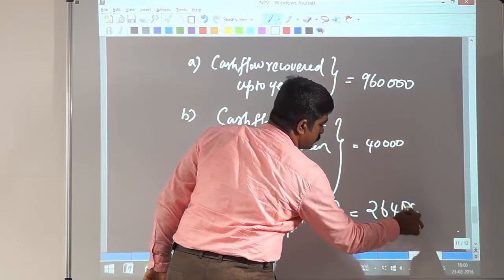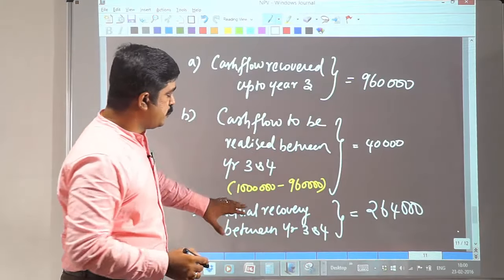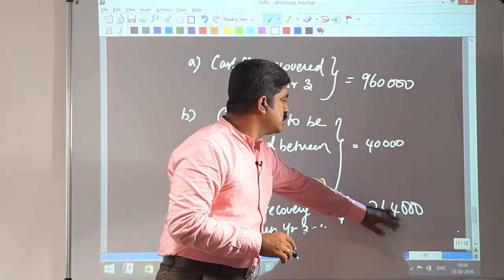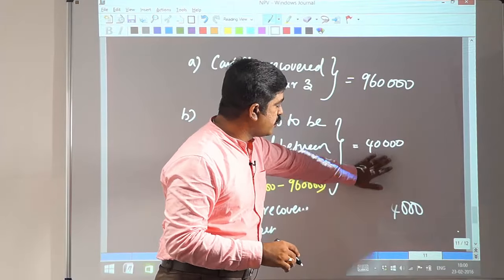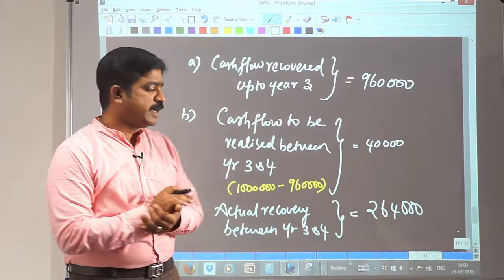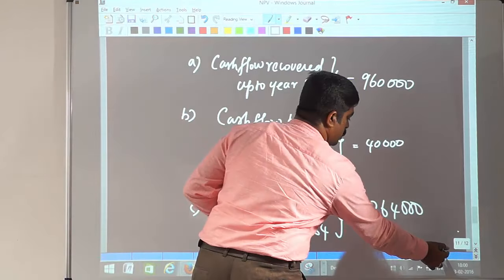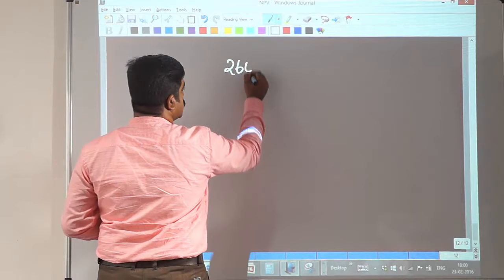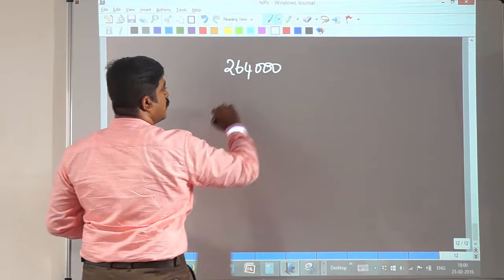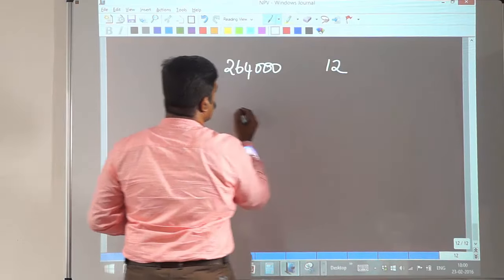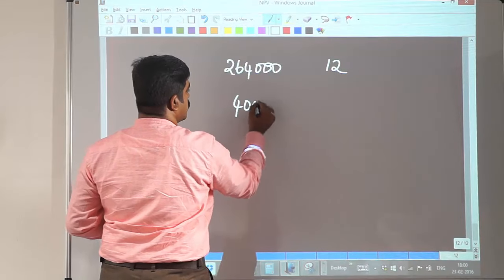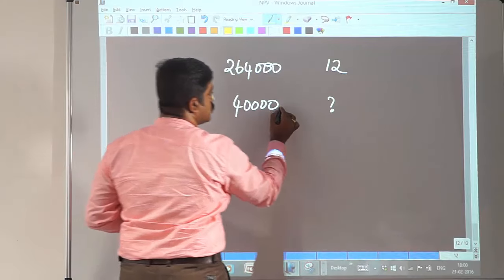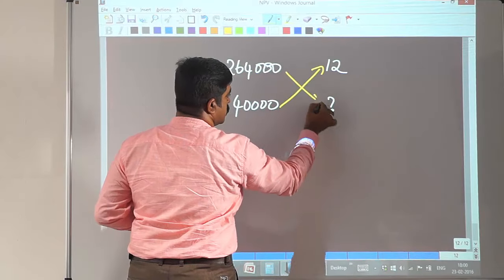Now you have the information. What you want to recover is 40,000. So now you have to find out the time period taken. 2,64,000 is recovered over a period of 12 months. So what is the time taken for recovering 40,000? That can be understood through simple cross multiplication.